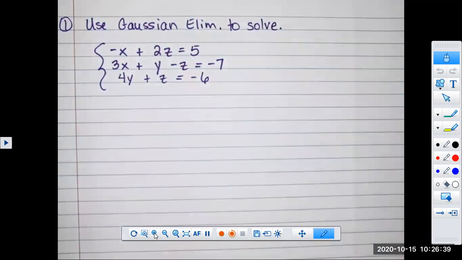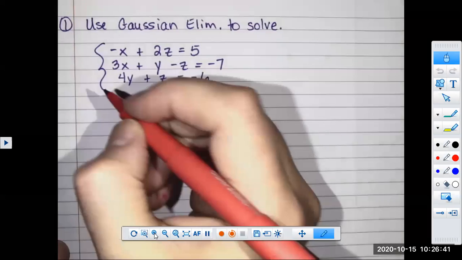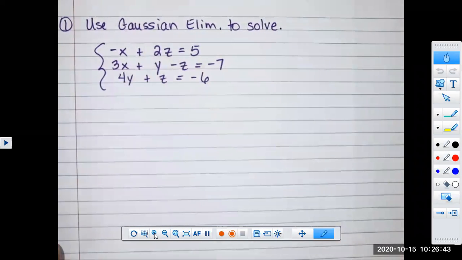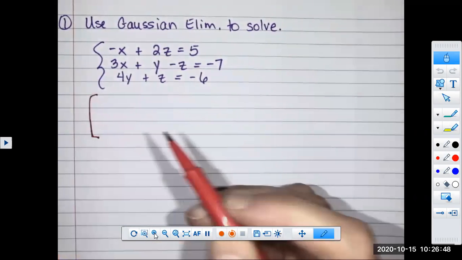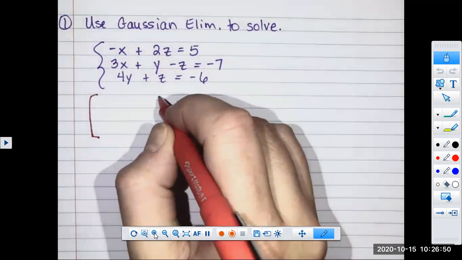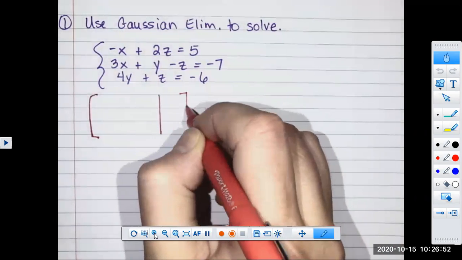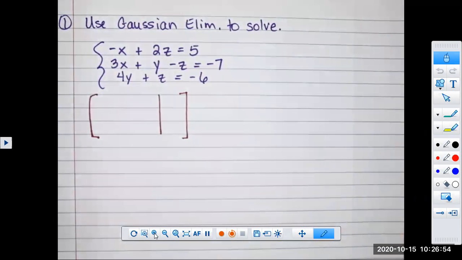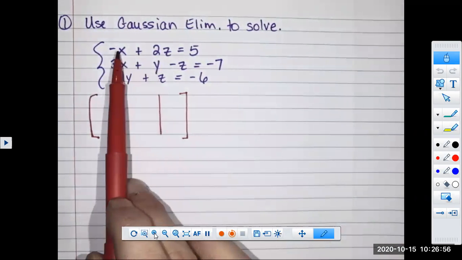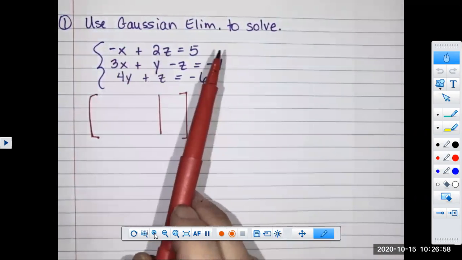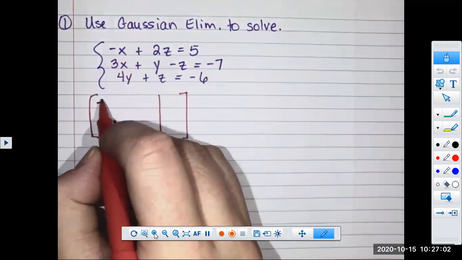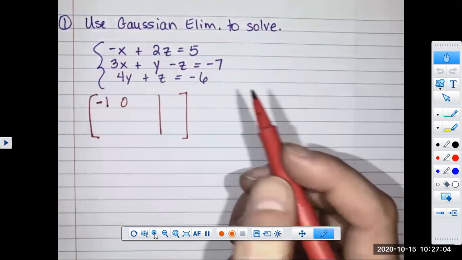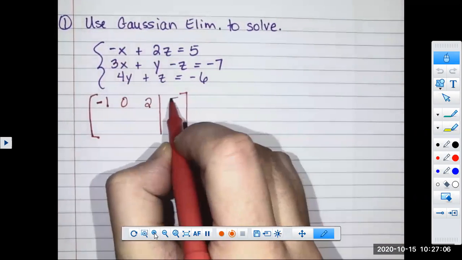Okay, our first step, let's write it in what? What did we call that matrix? What type of matrix? Augmented? Okay, tell me what is missing in this first row. A y. So you're going to have negative 1 and then 0 where y would be, positive 2, and then 5.